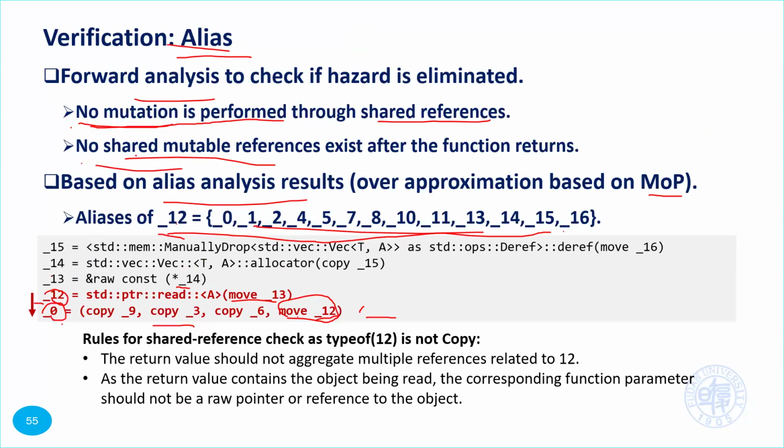This property, no shared mutable reference exists after the function returns, can be further broken down into 2 rules. The return value should not aggregate multiple references, because it returns 0. Currently it aggregates 1. But if you aggregate more, like we replace copy 6 with another allocator, it triggers the UB detection rule.